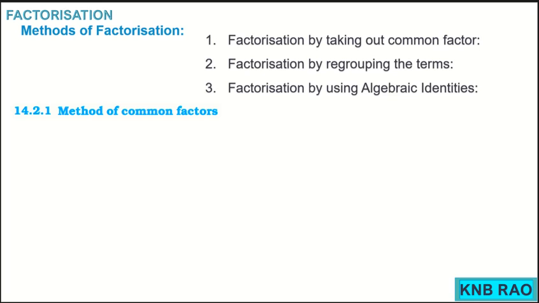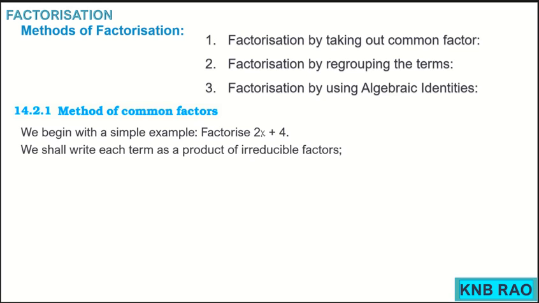Now we will begin with the same example we have seen. Suppose I am asked to factorize 2x plus 4. We shall write each term as the product of irreducible factors. That is, 2x can be written as 2 into x, and 4 can be written as 2 into 2.